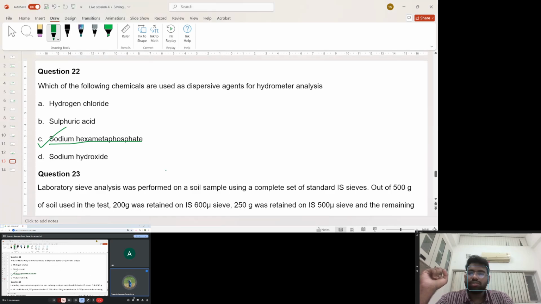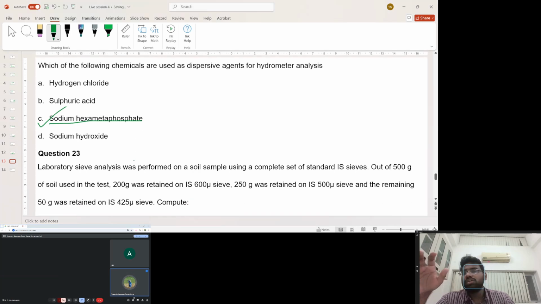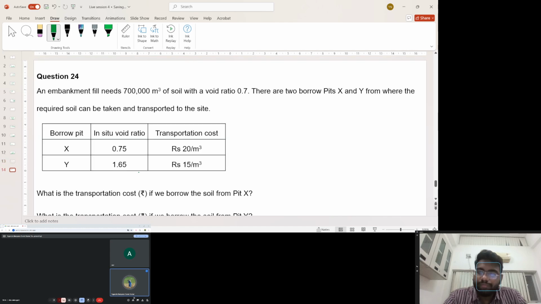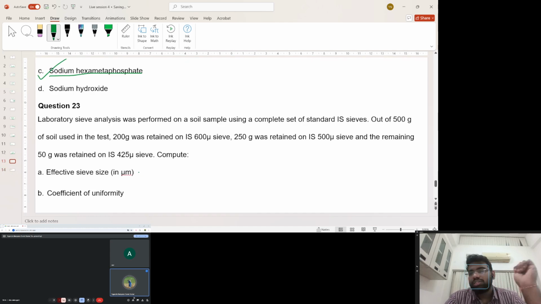So this is sodium hexametaphosphate. Sodium salts are usually preferred as dispersive agents, and in our applications the most commonly used dispersive agent is sodium hexametaphosphate. Coming to the next question: a laboratory sieve analysis was performed on a soil sample using a complete set of IS standard sieves.